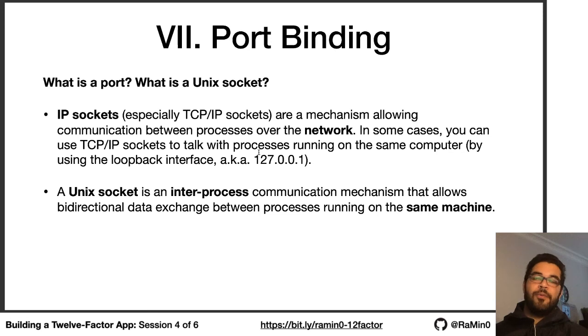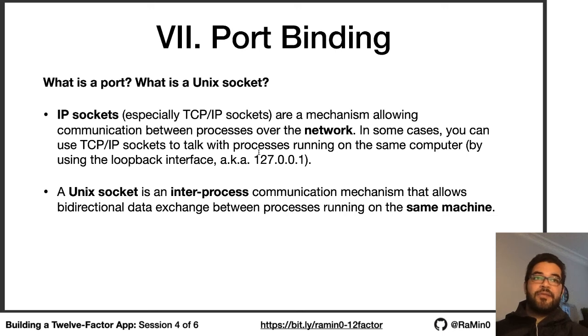So in order to talk to a service that lives somewhere over the network, we need its IP, which is short for Internet Protocol, or IP address, which is basically like your street address and building number where you live. We also need the port, as I mentioned before, which is where the service is living on the host we're trying to reach, and then we'll be able to connect to the service.